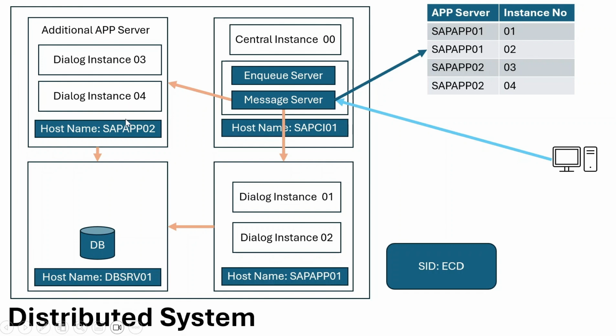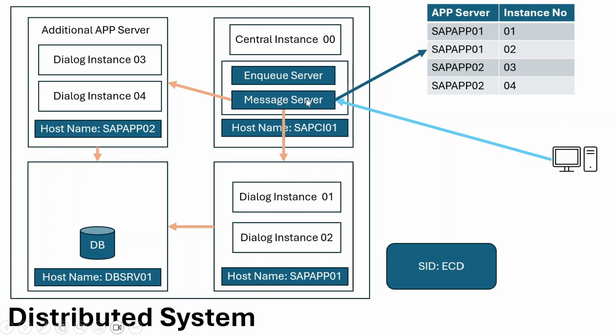I have another application server which has dialog instance 4. Now if any request comes, it will simply go to the table and check, among the four application servers, which are up and running, and on those up and running servers which has less load. And it will simply forward the request to that application server. That is the work of the message server.